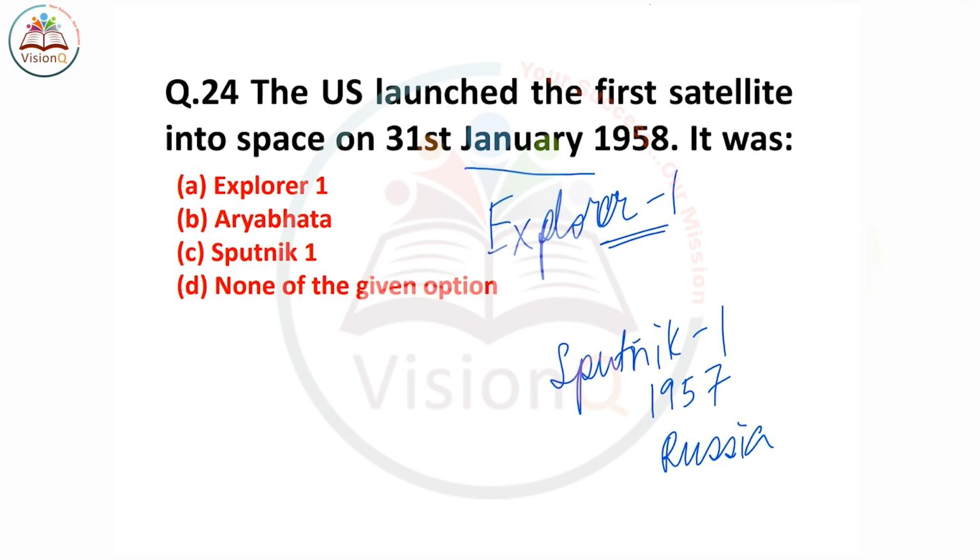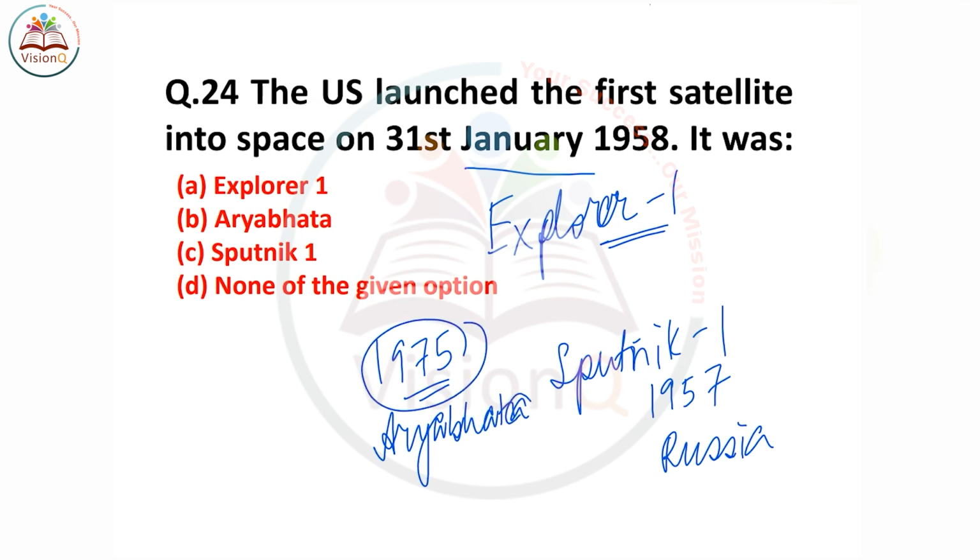In the next year, the US launched Explorer 1. And in the year 1975, India launched the first satellite into space, which was known as Aryabhatta. The right answer of this question is option number A, Explorer 1.